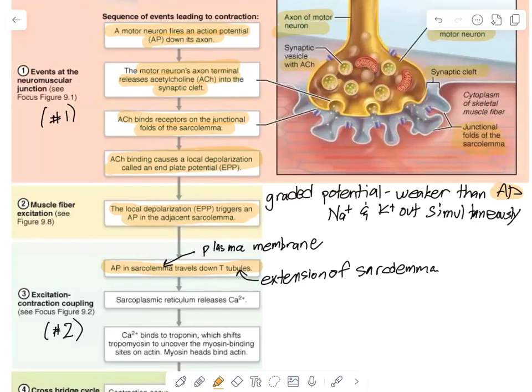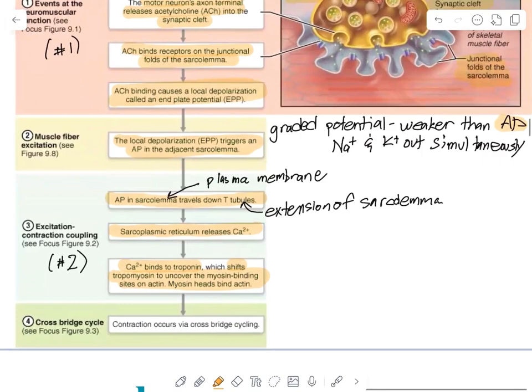As a result of that, it causes calcium to be released from storage, which remember is in the sarcoplasmic reticulum. Calcium binds to troponin, which shifts the tropomyosin to uncover the myosin binding site on actin. So during this period, there are really two chemicals that are super important. There is calcium, and there is also ATP.